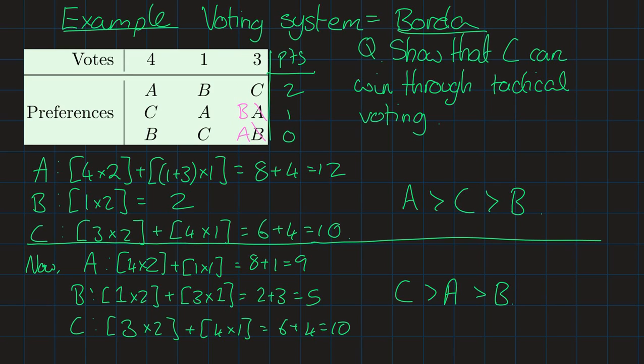Okay? And just to reiterate, the idea is if these three people voted sincerely, then they would be giving A support. They would be giving A points. And they give A just enough points to actually beat their top preference.